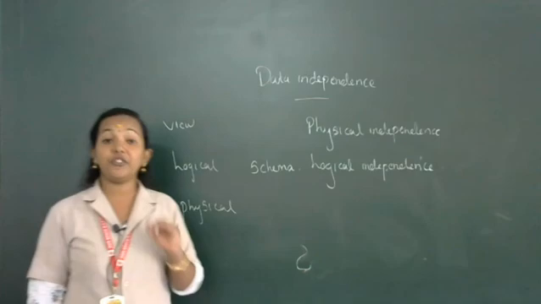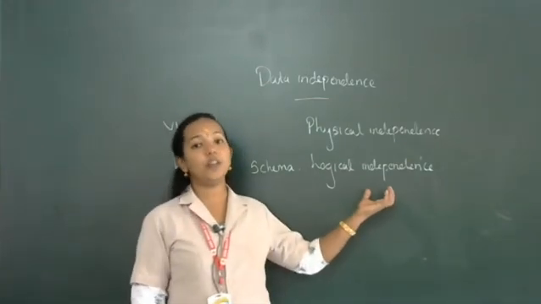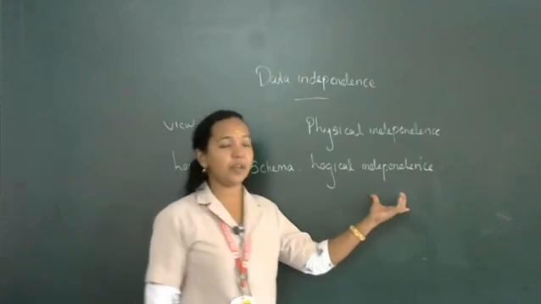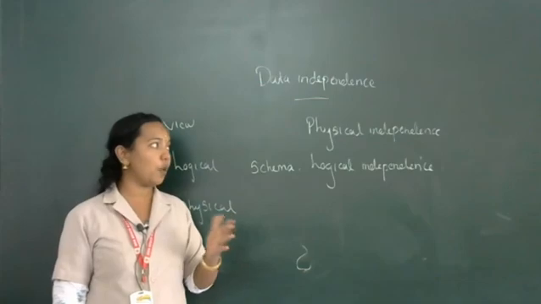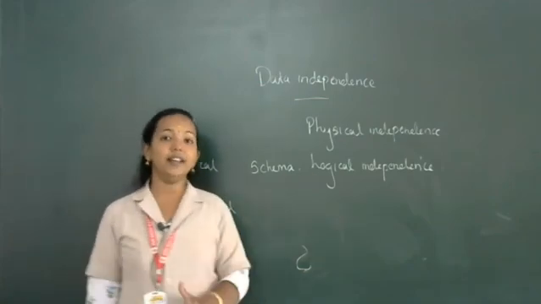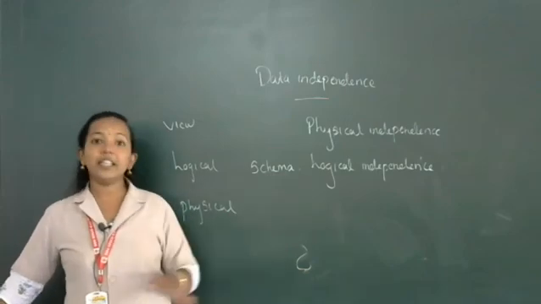Implementation of physical independence is quite easier than logical independence, because in logical independence we are dealing with programming language. So definitely it is more complex than physical independence. Clear? These are the two types of independence.